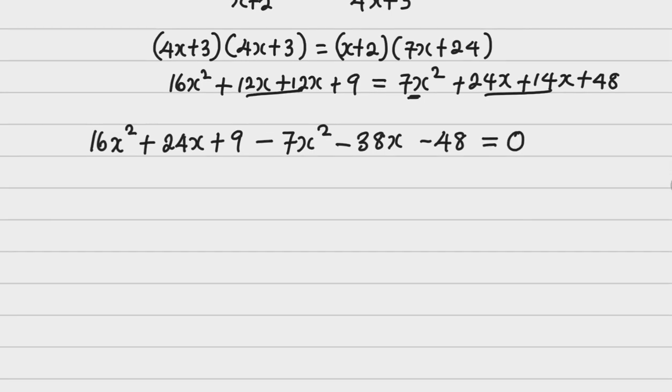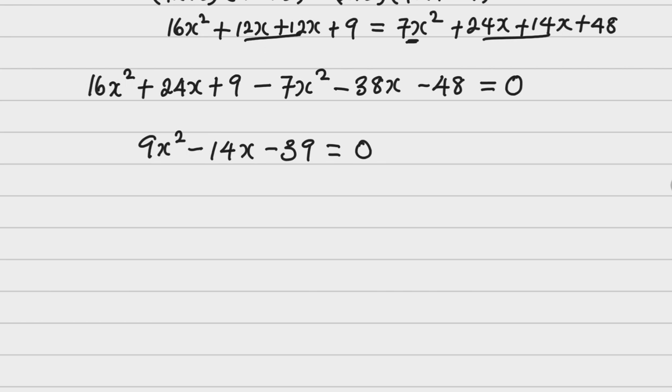So 16x minus 7x, that should be 9x squared. Then 24x minus 38x, I'm going to have minus 14x. Then I have 9 minus 48, which will give me minus 39, is equal to 0.